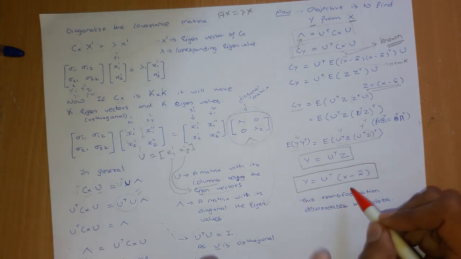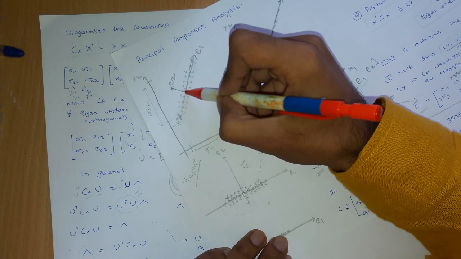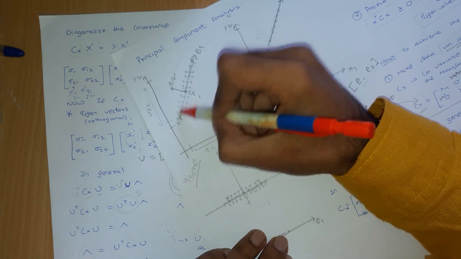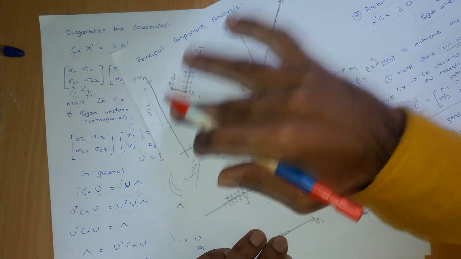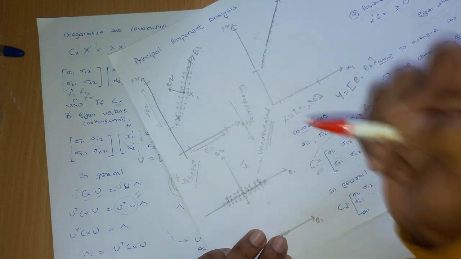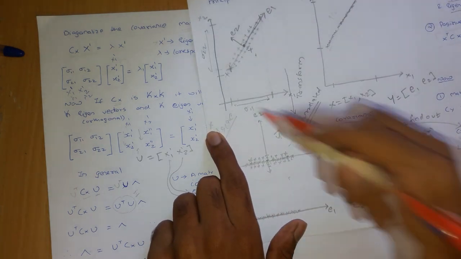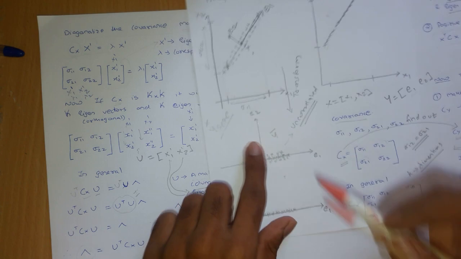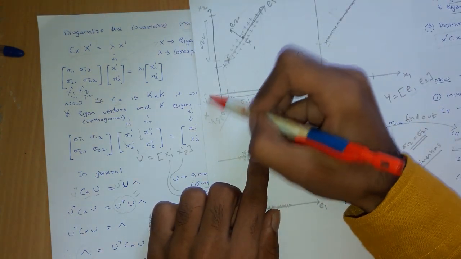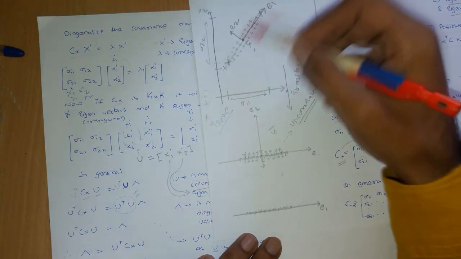So when you take the data, say I have this point, you subtract the mean from x. When you subtract it, the data will shift over here, so this will come somewhere over here. Next you have to multiply this x with the eigenvectors, that is, with u transpose, which is nothing but the eigenvectors of this covariance matrix.